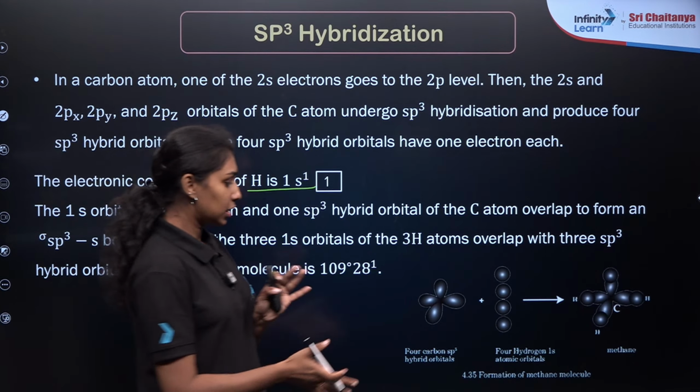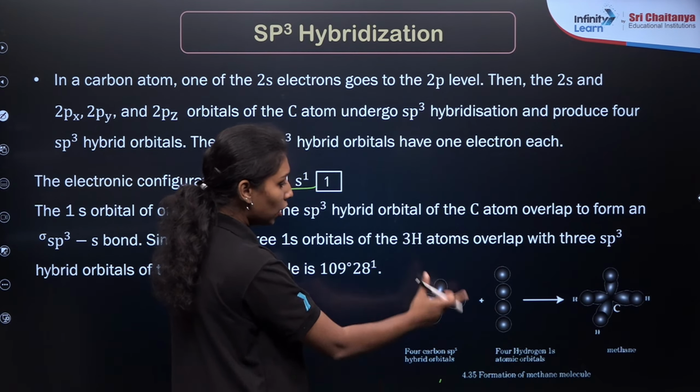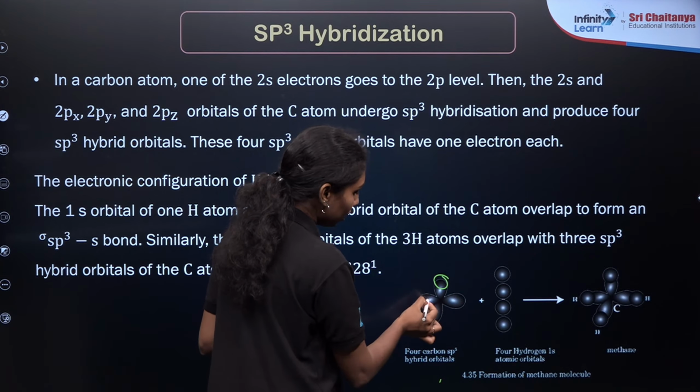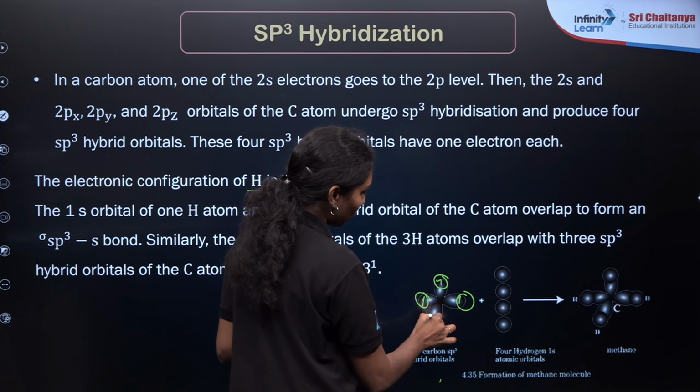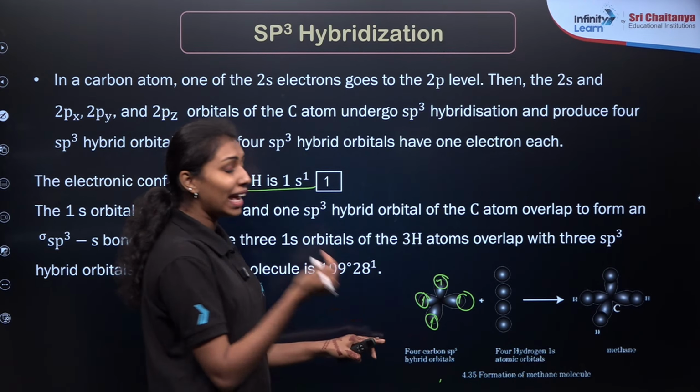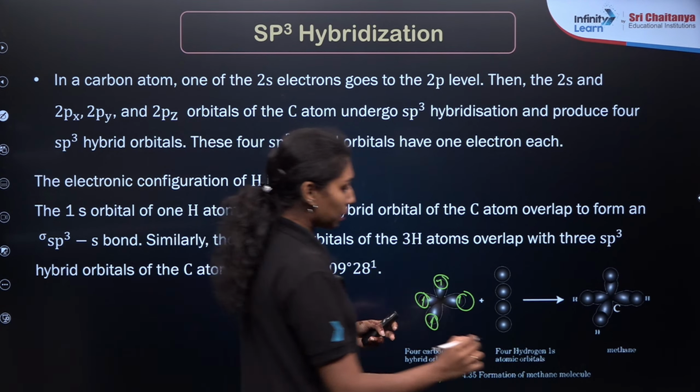I hope you understand. This is the shape of the sp3 hybridized carbon atom. When they overlap, the 1s1 orbitals of the 4 hydrogen atoms overlap to form sp3-s sigma bonds.